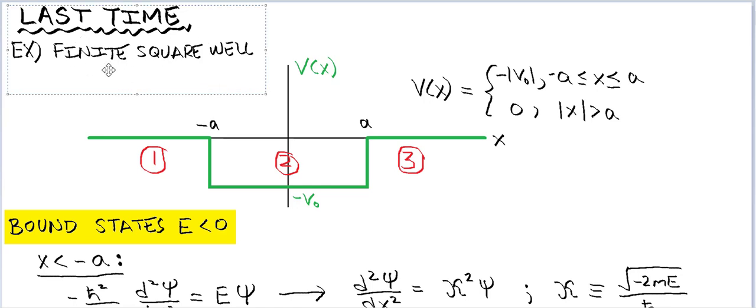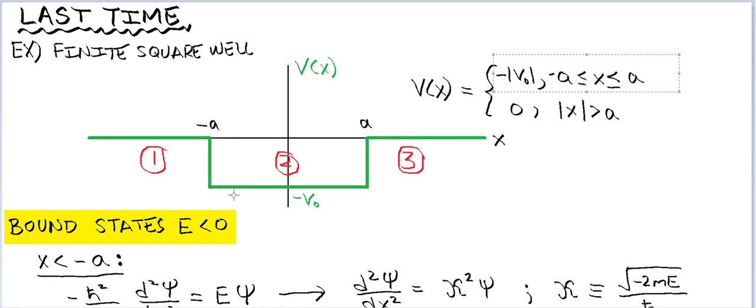So let's see. Last time we talked about the finite square well. In this case, the 1D potential as a function of x goes as 0 if you're outside, so if your x is less than minus a, or if your x is greater than a, and it took on a value of minus V naught, where V naught is some positive constant, between minus a and a.